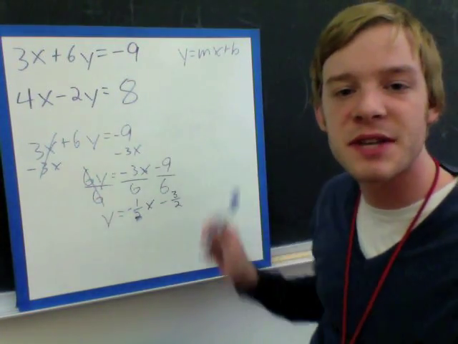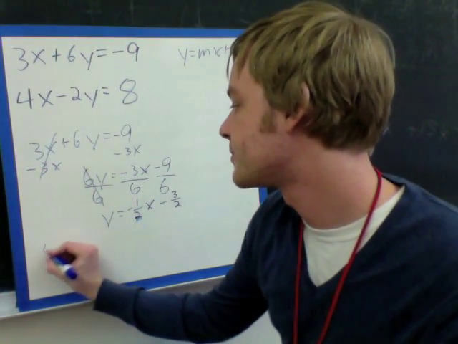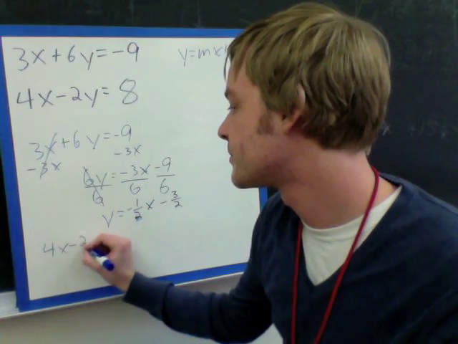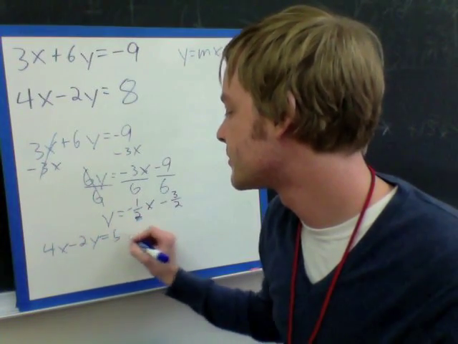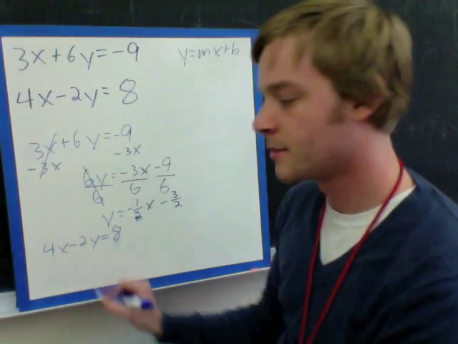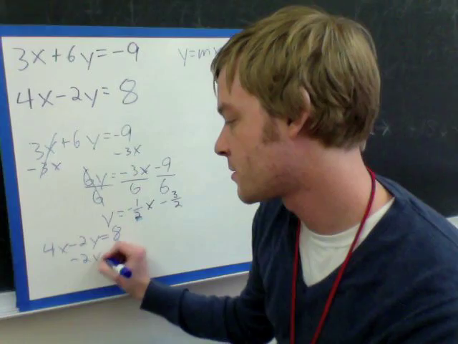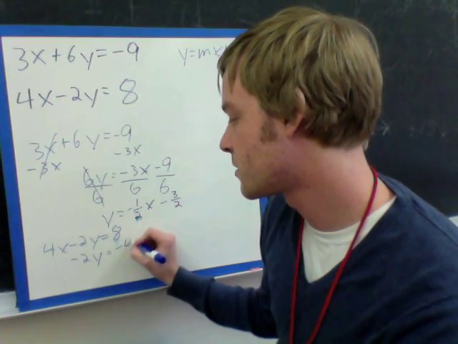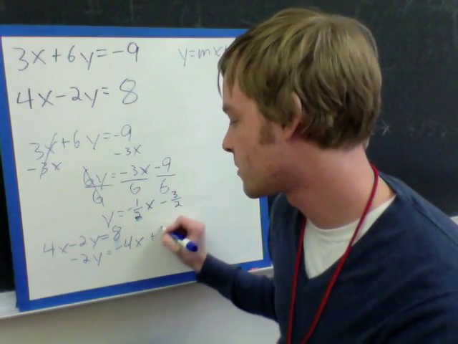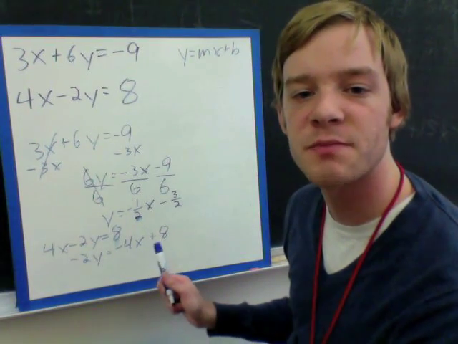Now I want to solve out the second equation the same way. Let's subtract 4x from both sides. So I get negative 2y equals negative 4x plus 8.